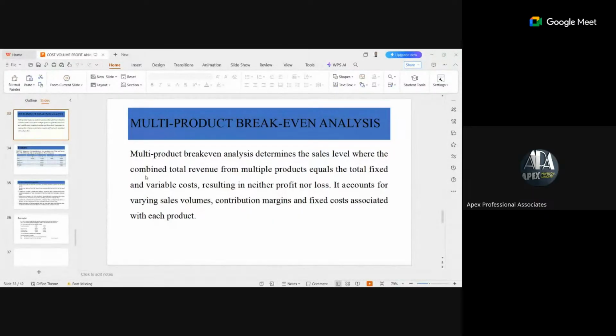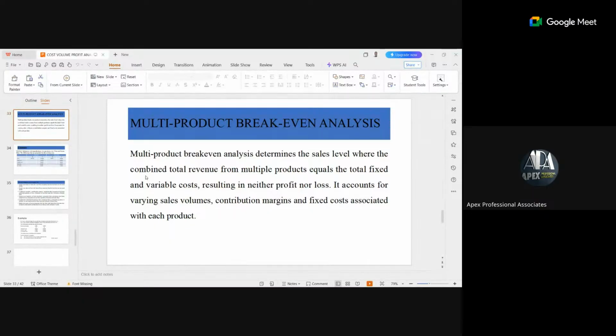Somebody will be asking, what is this mix all about? Mix simply means proportion, a ratio of, let's say, two products. Ratio of product A to product B, ratio of quantity to sales, that is mix. When you have two components in an item, you're referring to a mix. It means the component is made up of composites.